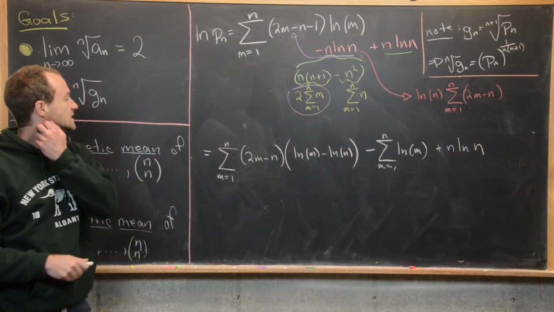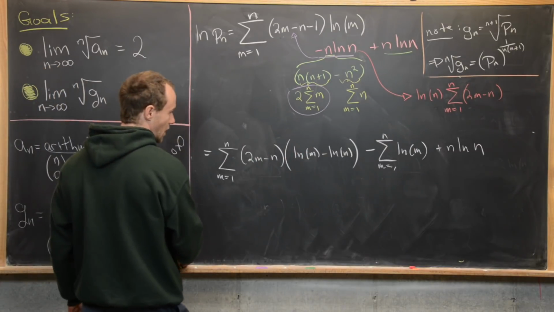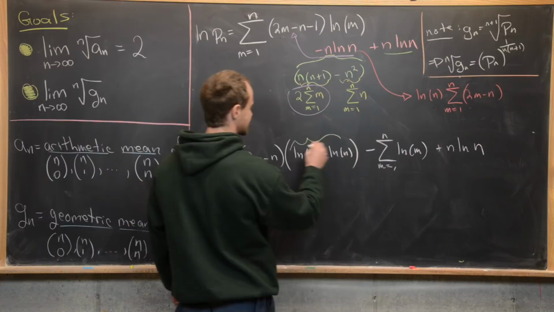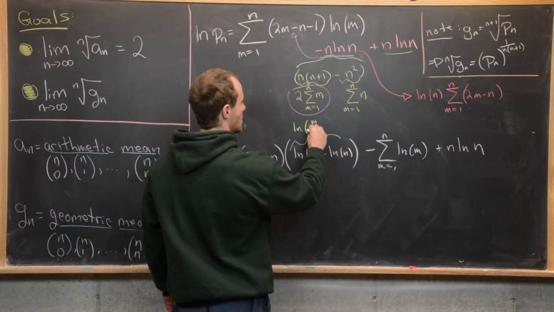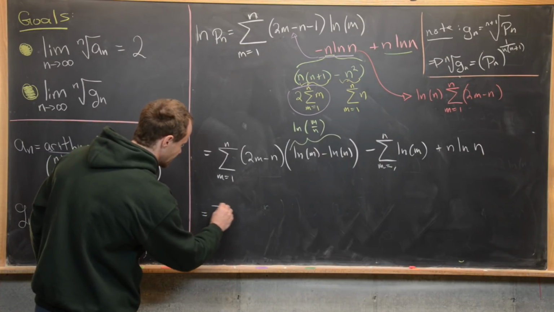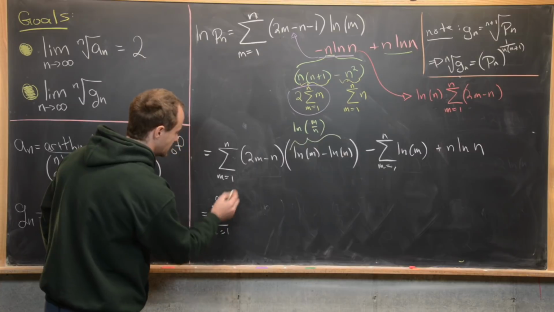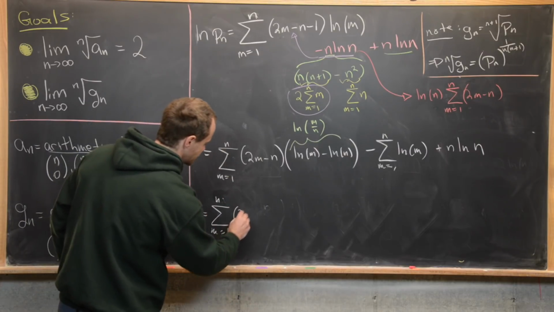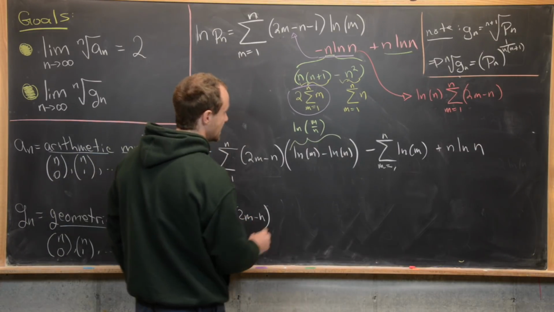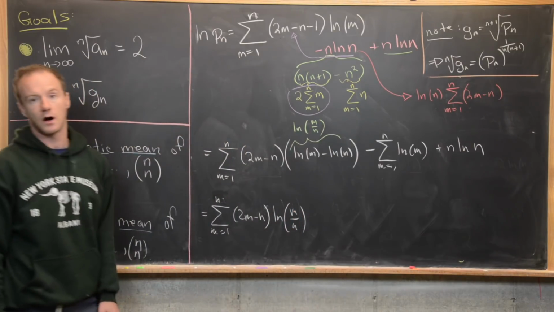Great. So now maybe I want to combine this stuff together using some log rules. So I can rewrite this as the natural log of m over n. That allows me to rewrite all of this as the sum, m goes from 1 to n, of 2m minus n times the natural log of m over n, again using log rules.